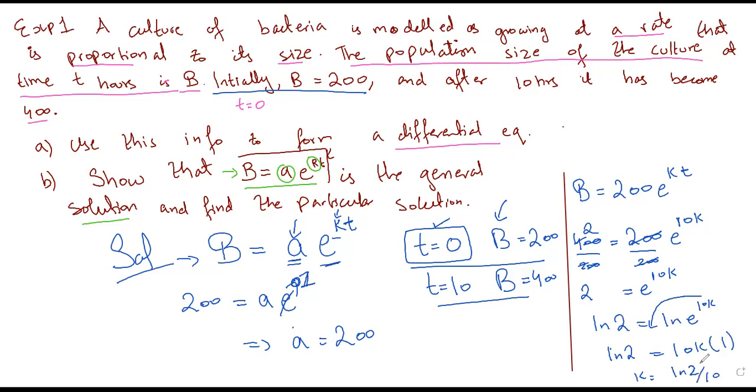So this implies that k would be 0.069. Finally, we have our k, we have our A. So we can write b equals 200 e to the 0.069 t. Okay. So are you clear with this?